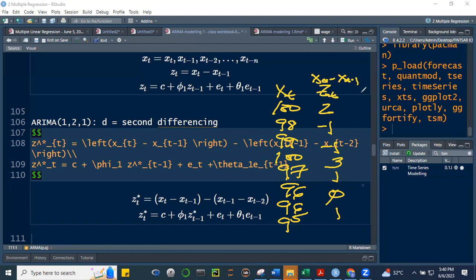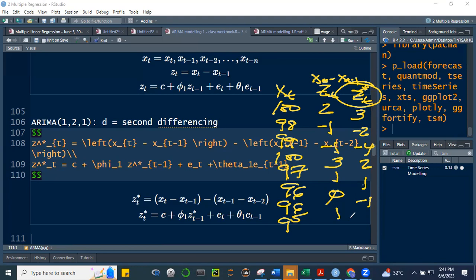Now, pag may second differencing, okay, let me call this z asterisk sub t, i-difference ko ulit to. No? So 2 minus negative 1, that's 3. Negative 1 minus negative 1, that's 0. So this is negative 4, this is 2, this is 1, this is negative 1, etc. Okay, so ang minomodel na natin ngayon, ito na. Itong series na to, no?